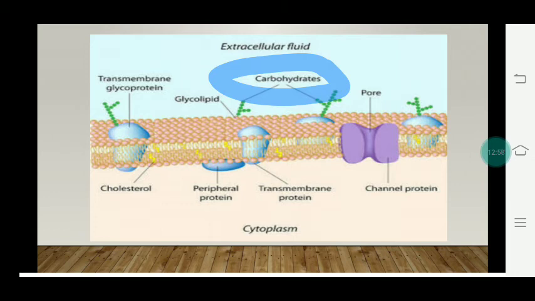For example, the plasma membrane of human RBC contains 43% lipid and 49% protein by weight, whereas the plasma membrane of mouse liver cell contains 54% lipid and 46% protein by weight. So, as per the cell type, the lipid and protein percentages vary. So, it's all about the fluid mosaic model of plasma membrane structure.